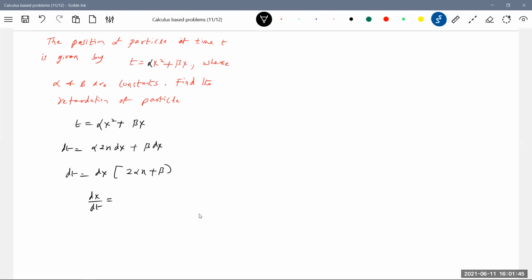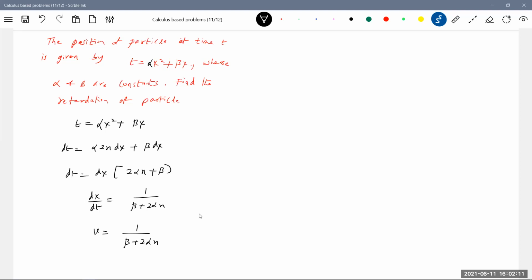dx by dt is equal to 1 by (2 alpha x plus beta). Keep it in this way. This is the velocity. But the problem is asking for acceleration. What we have is velocity as a function of x. Shall we differentiate this with respect to time?